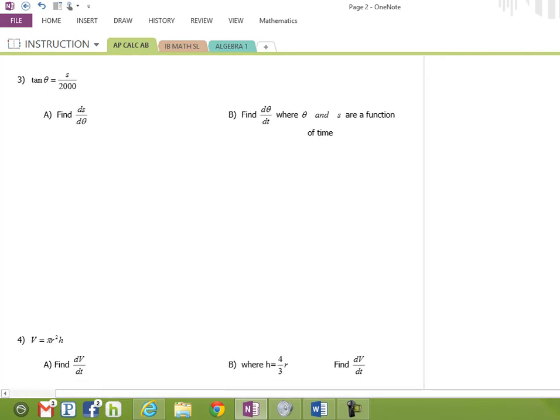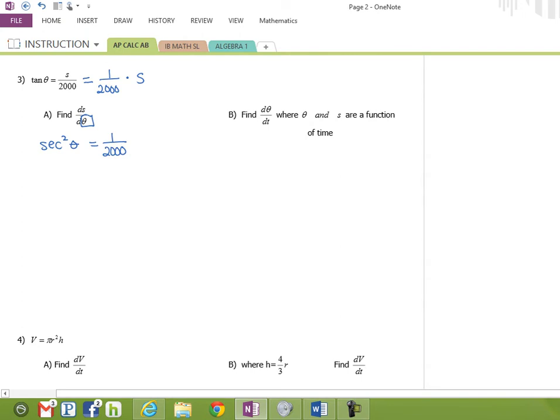So we're going to find the derivative of s with respect to theta. So now we're looking at theta as the variable. Tangent is secant squared of theta, which is equal to, and actually before I do that, I'm going to rewrite this so that you see I don't have to use the quotient rule. I can bring the constant down.